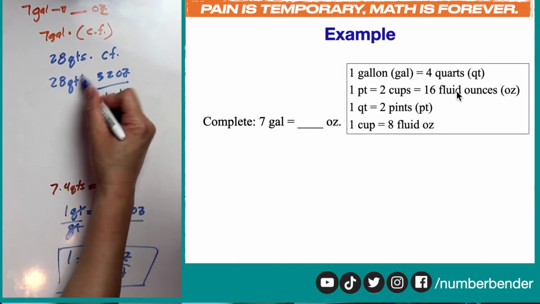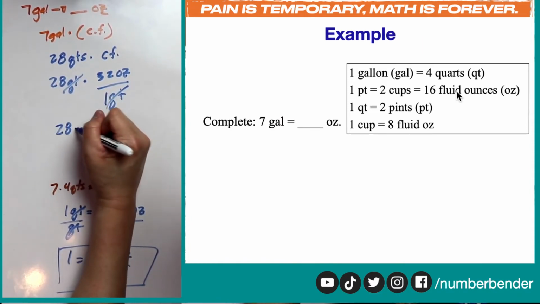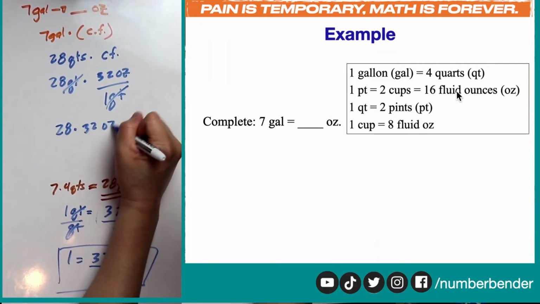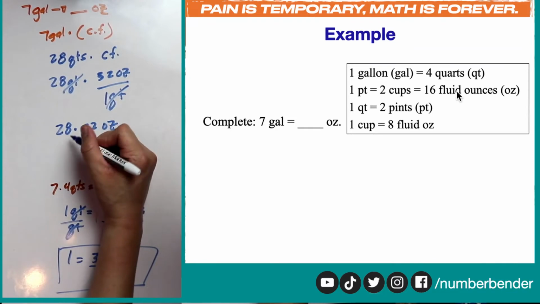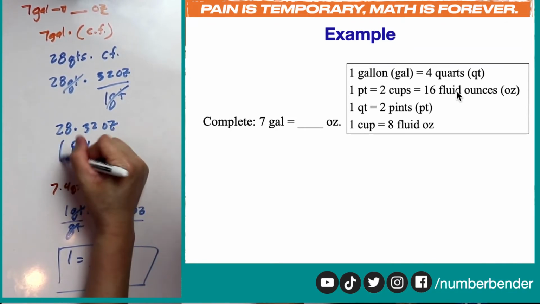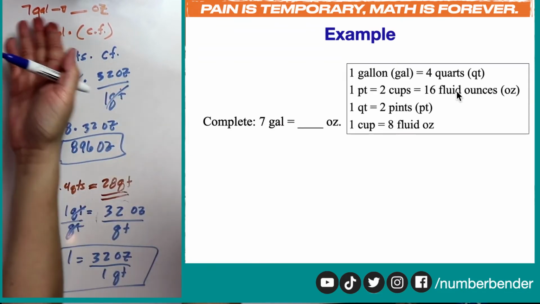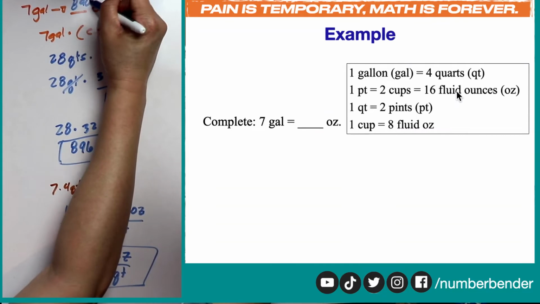Of course not, because now we can easily cancel out the quarts, and we now have 28 times 32 ounces. So 28 times 32 is equal to 896. And now we're able to achieve our goal of converting 7 gallons into ounces, which is 896.